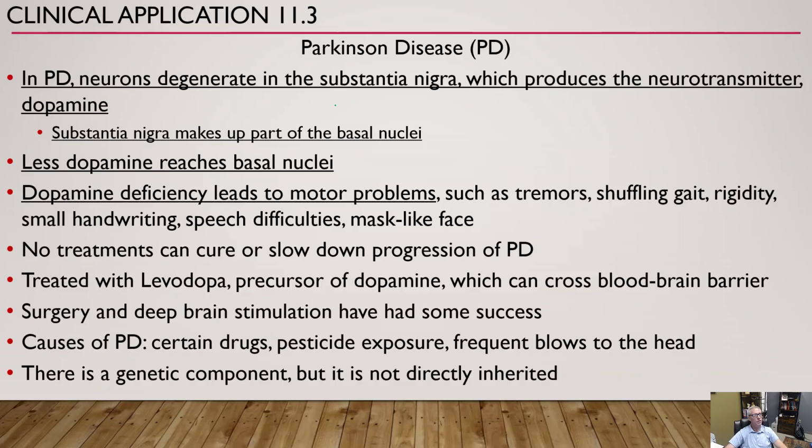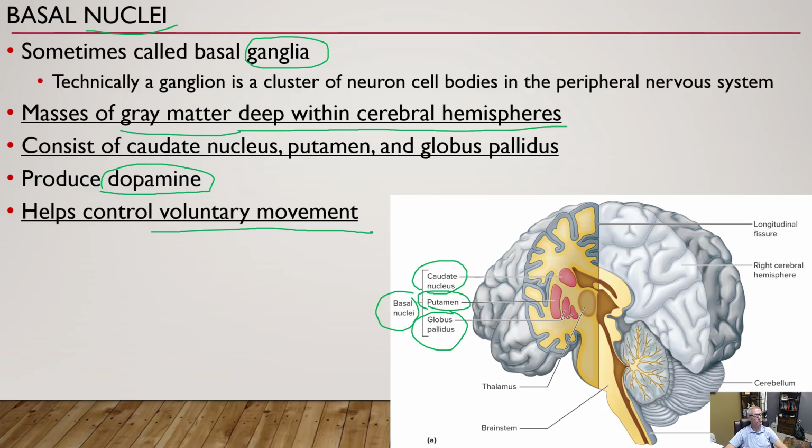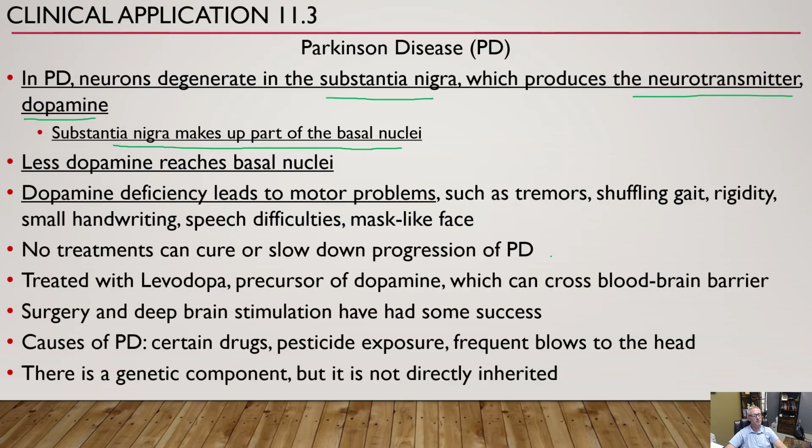Now, we didn't talk about the structure called substantia nigra, but it produces this neurotransmitter dopamine. Substantia nigra also makes up the basal nuclei, but it's not labeled in this picture right here. But the substantia nigra produces dopamine.